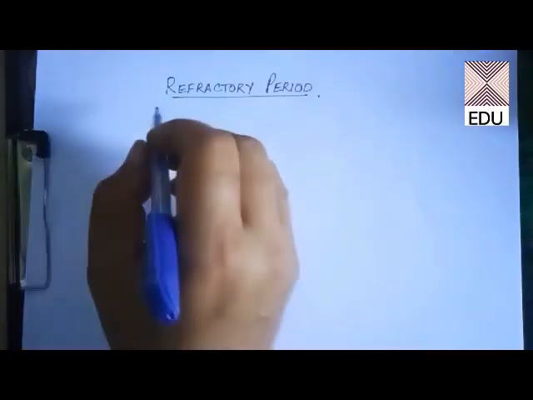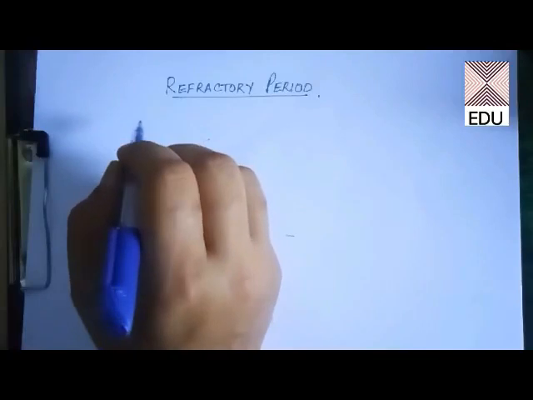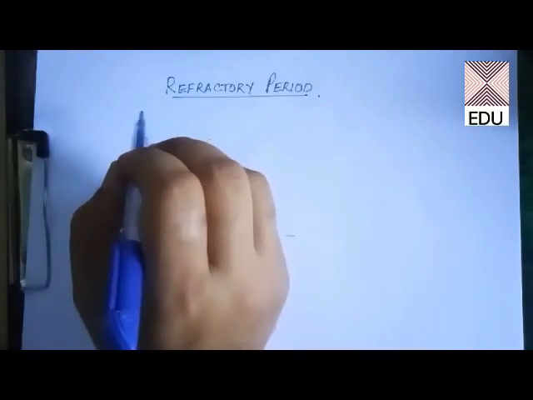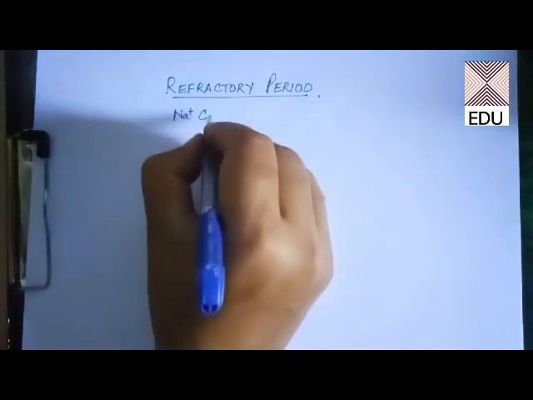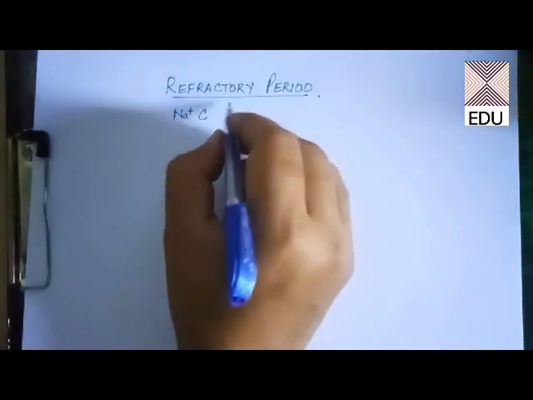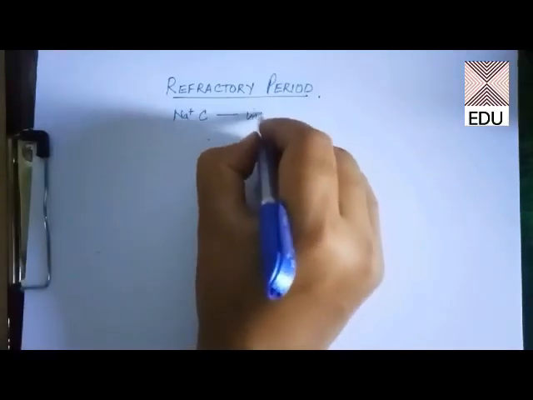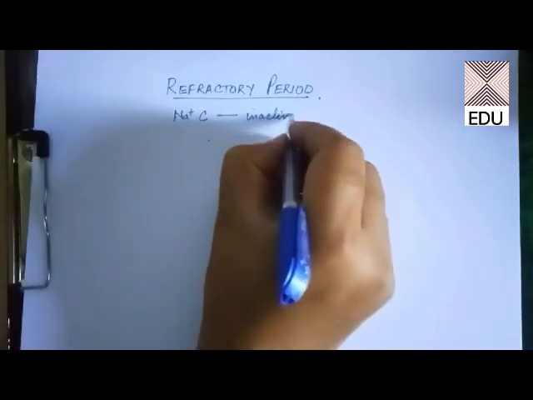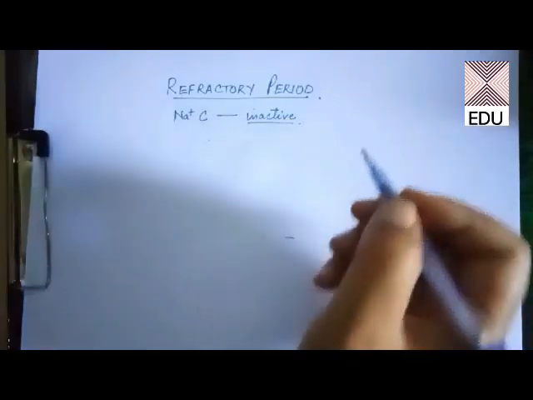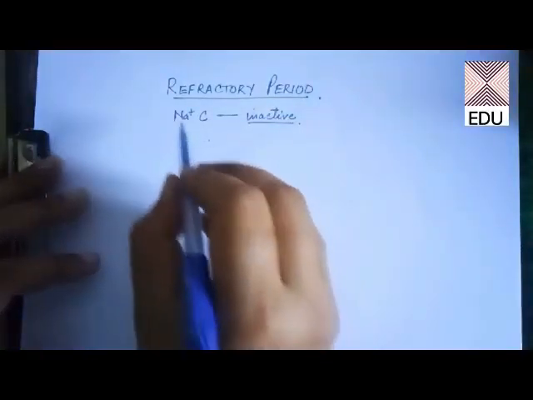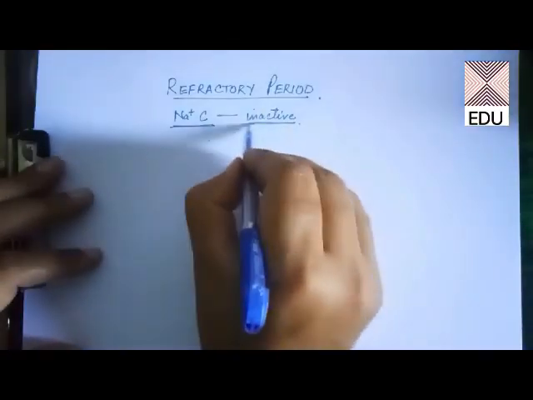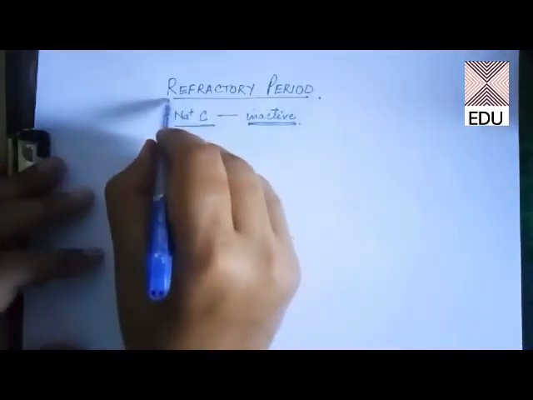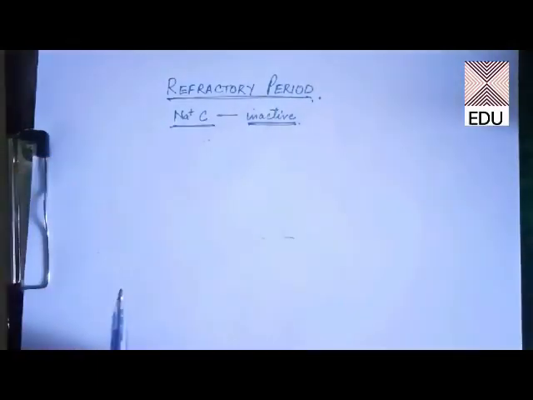So this is the time period during which the voltage gated sodium channels are inactive. So the time for which the sodium channels are inactive is called the refractory period.